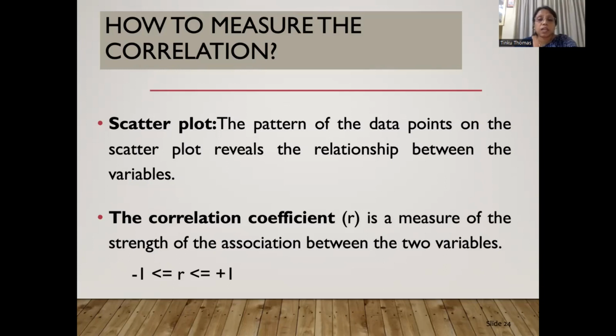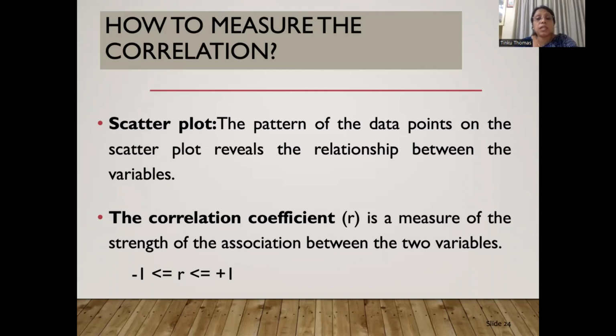You also have an understanding of whether there are outliers in the data. So before you do any kind of correlation analysis, you should certainly look at the scatter plot, because the correlation coefficients that we are going to discuss today are examining only linear relationship between the two variables.